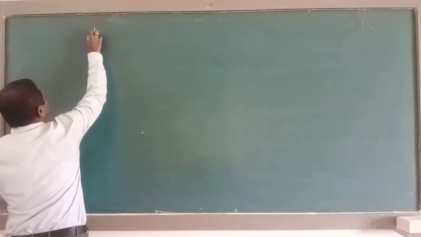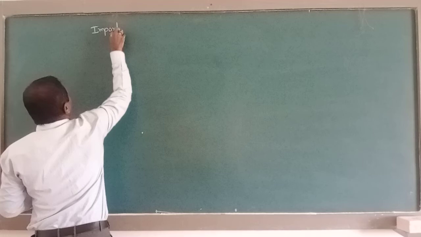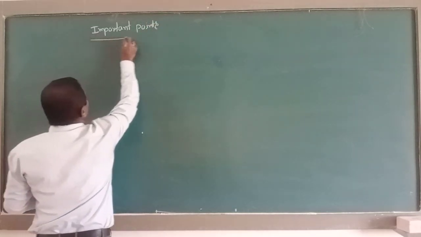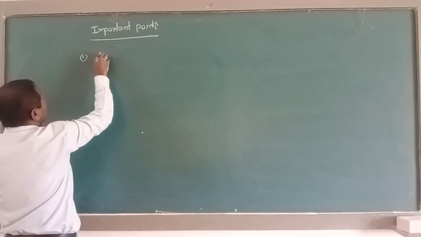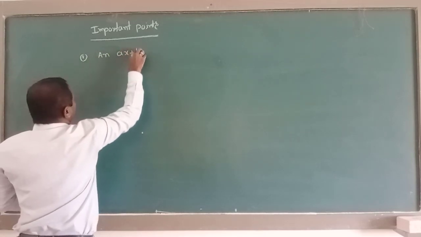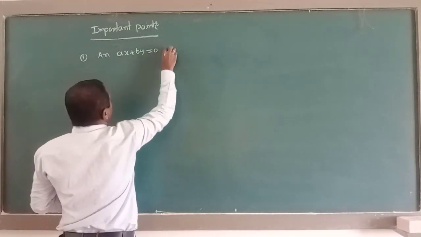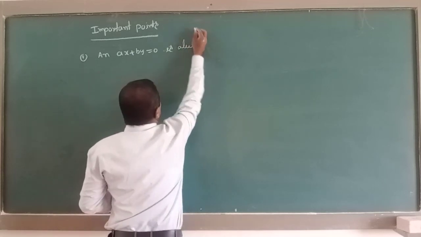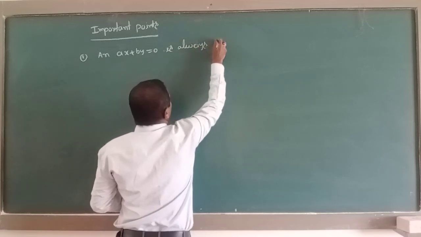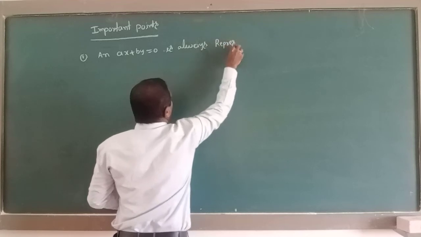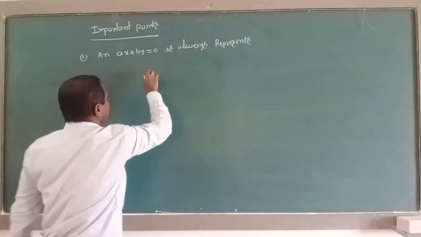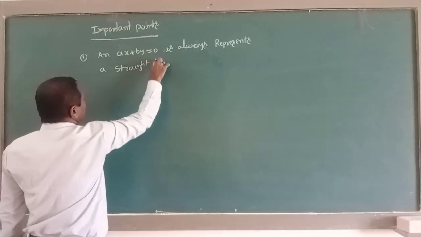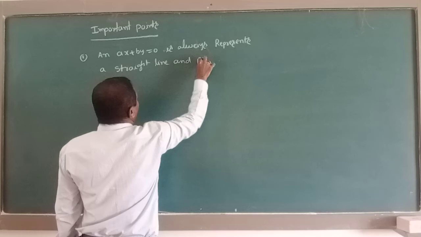Note some important points. First, an equation ax plus by is equal to 0 always represents a straight line passing through the origin.